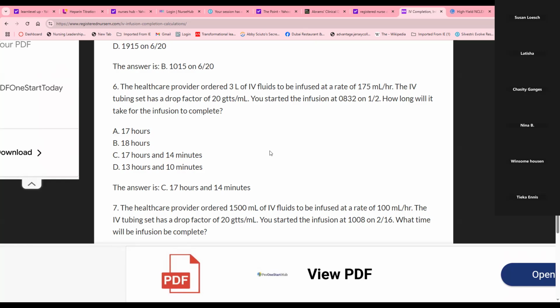Or she rounded something there. Maybe she used 0.143. 0.143 times 60, I still only get 9 minutes. She might have done something else with the drop factor here. Oh, we started it at 8:32. Well, that wouldn't matter. 3,000 divided by 175, let me do it again.